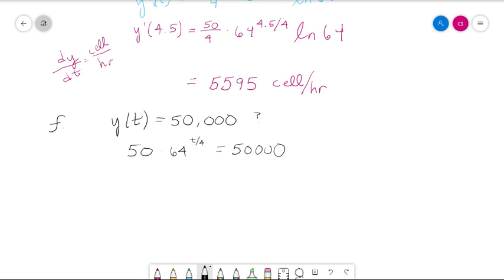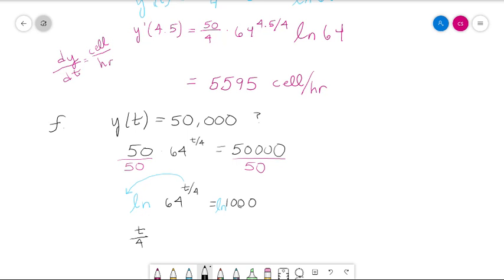Okay, and we have to solve for t over 4. So this is an exponential equation. So how we solve it is we isolate the exponential expression. And when our variable is in the exponent, to get it down from the exponent, we take the natural log of both sides. So let's take the natural log of both sides, and that allows us to bring the exponent down in front.